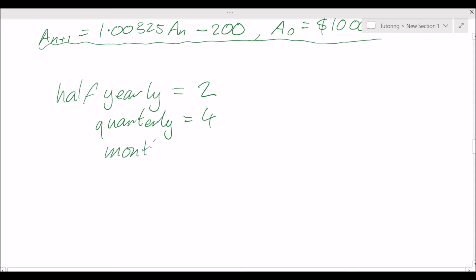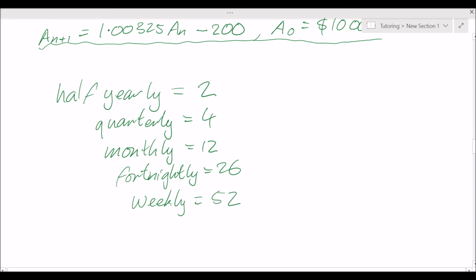Monthly is obviously 12, fortnightly is 26, weekly it's 52 weeks in a year, and daily we go with 365, okay, in this case.